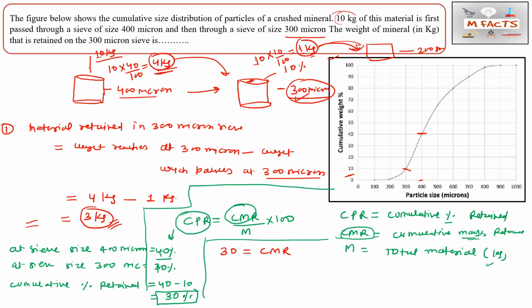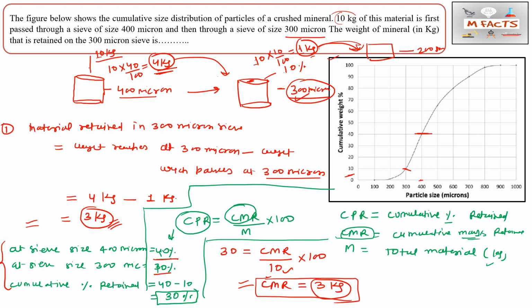So from here we can find this CMR, which will come to 300, and because this 10 is also in kg, the unit of the CMR will be kg. You can observe through this figure that this is 40% and this is 10%, so the cumulative percentage retained we can find as 40 minus 10, that is 30%. You can apply this formula to find the cumulative percentage retained and cumulative mass retained. And similarly, this is the correct answer.